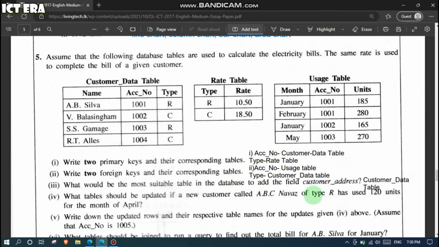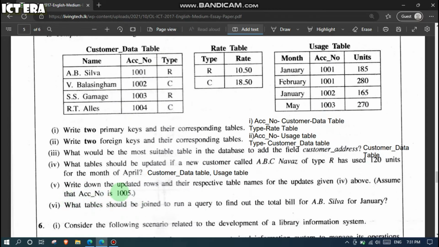A new customer has arrived, so the customer data table should be updated, and also the usage table should be updated because he has used 120 units in the month of April. So I can write here customer data table and usage table.